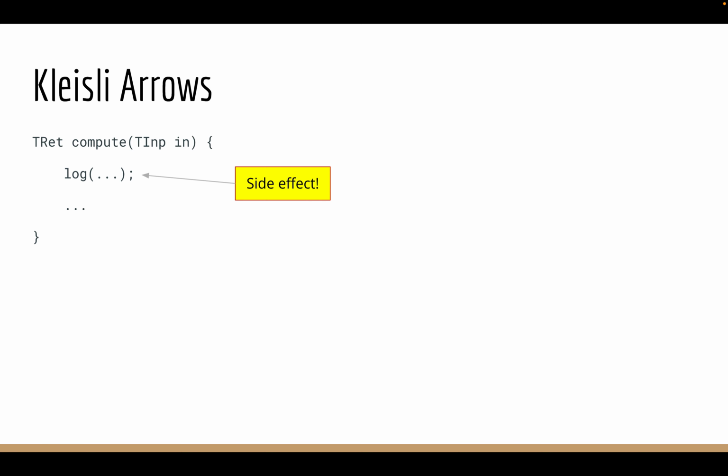But at some point, some developer adds a nasty side effect, and all those properties are immediately gone. We can no longer reorder these computations. We cannot use them in a parallel setting without synchronization. We no longer can cache them, and it's very sad.